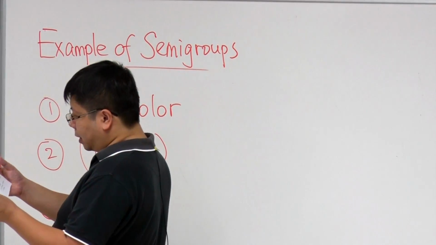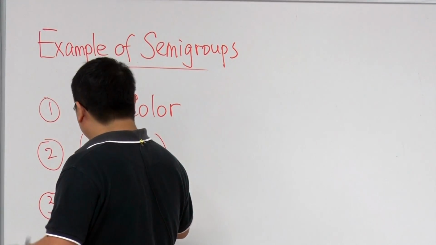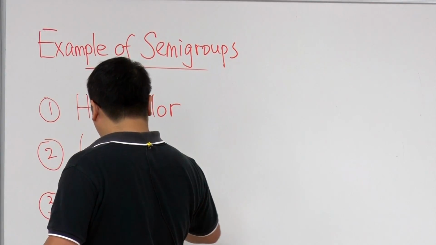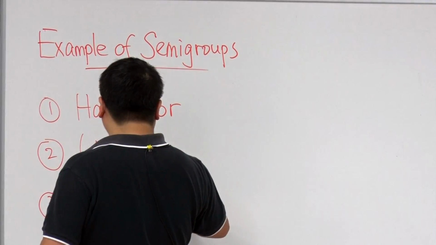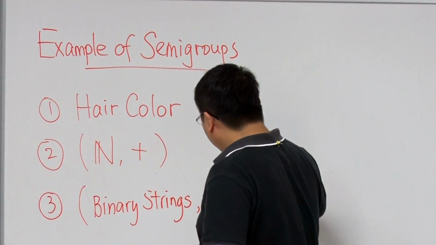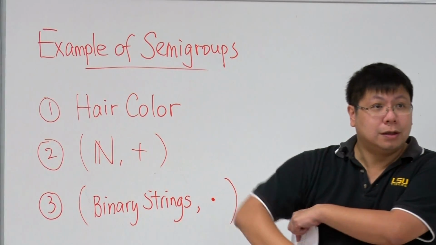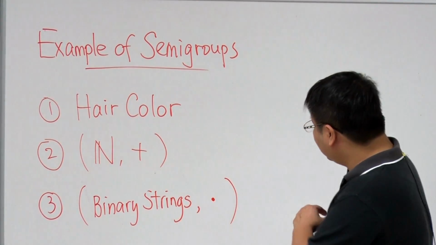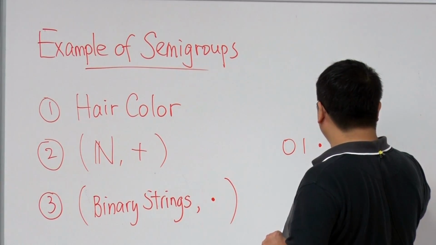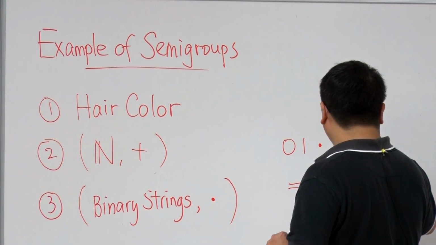The third one, let's say we have the set of binary strings, and we have the operator concatenation. You have a string, let's say 0, 1, and you concatenate this with the string 1, 1, 0, 1. Then you get 0, 1, 1, 1, 0, 1.